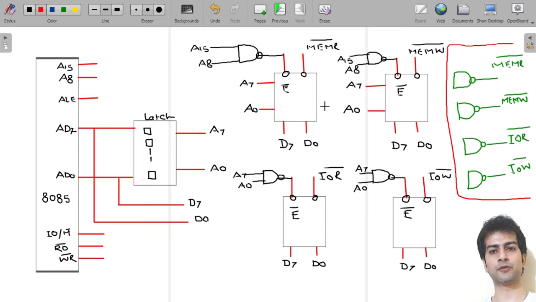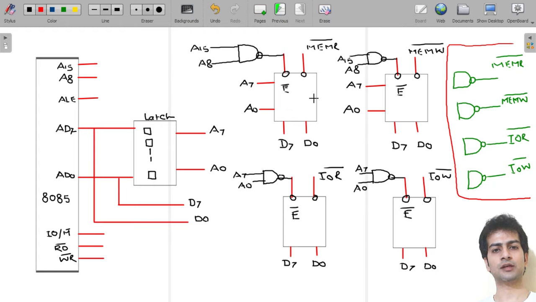This is the first memory and this is the second memory. In the first one, a memory read operation is taking place, and in the second memory, a memory write operation is taking place.